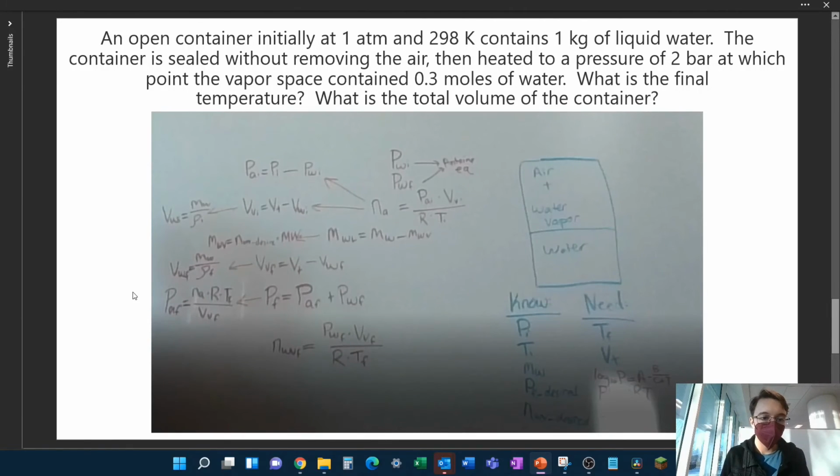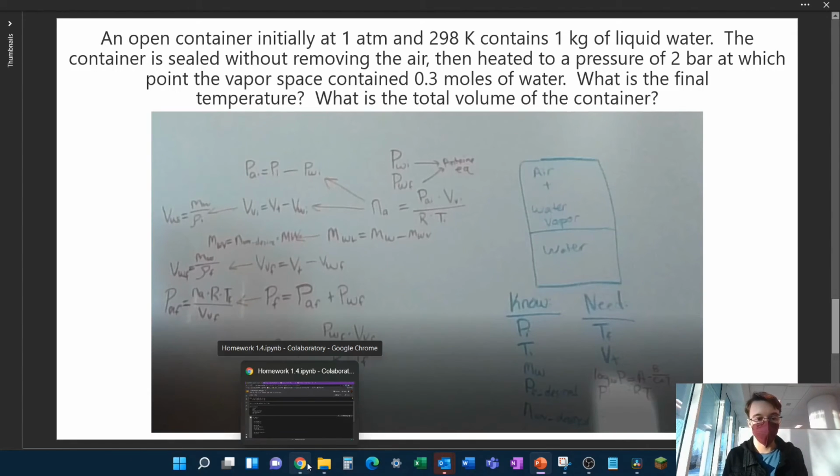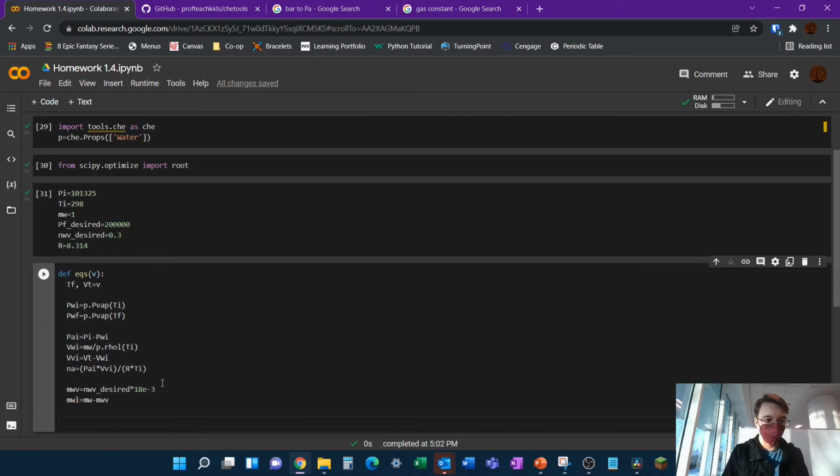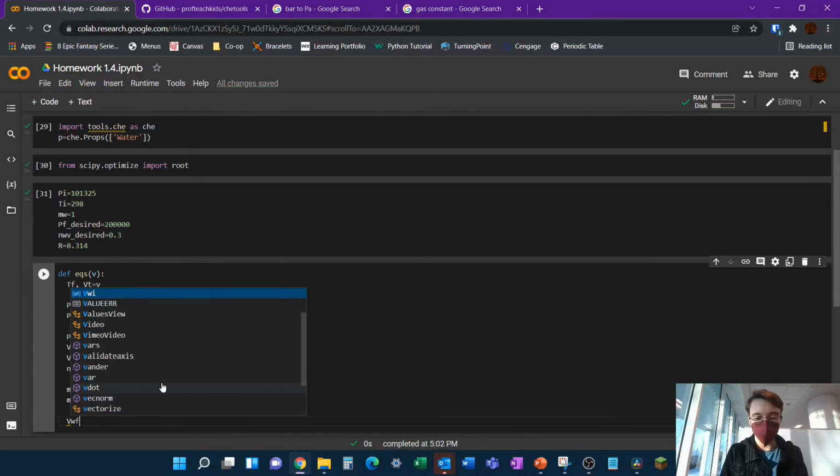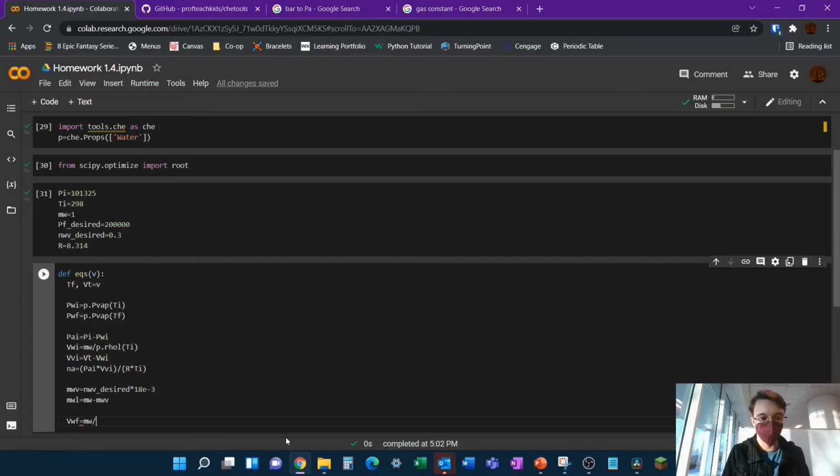Next row, the volume of the water final is equal to the mass of the water divided by the density of the water in the end. Again we use the library from earlier, P dot rho L, but this time with the final temperature.